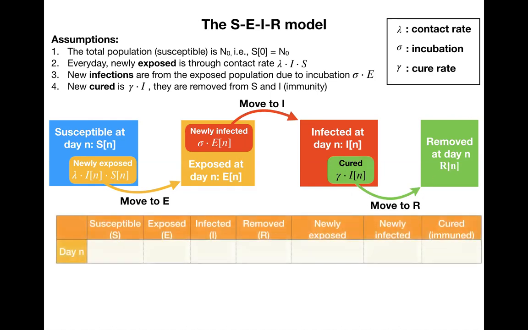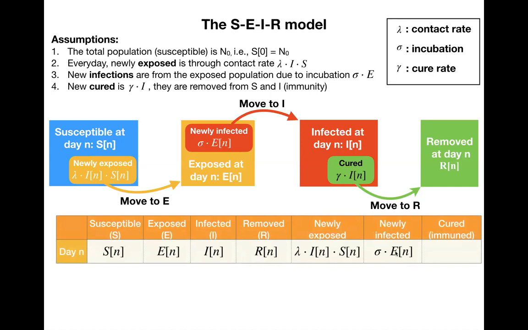So let's make a table here. I have 4 populations right now. It's getting more and more complicated, but the basic idea is the same. You have SN, EN, which is exposed, IN, which is infected, and RN, which is removed. Now I have 3 delta populations created in S, E, and I. The newly exposed will be lambda times I times S. The newly infected will be sigma times E, because infected are generated through exposed people who have an incubation period.